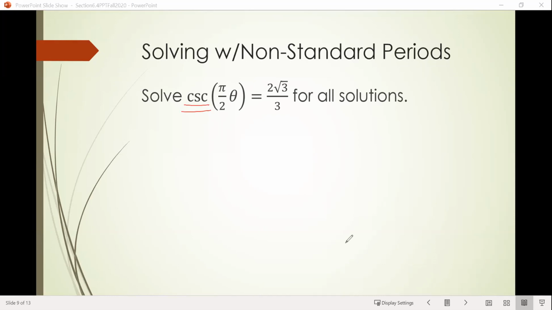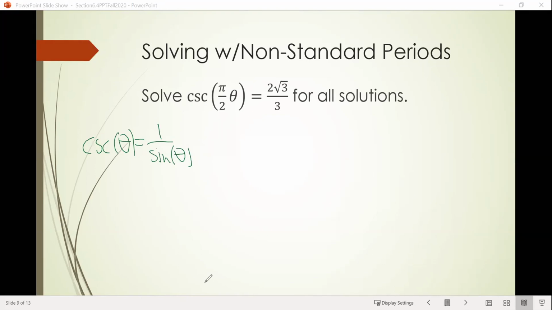Well, recall that cosecant of an angle is equal to 1 over sine of that angle, right? So we're going to use that somehow here. And also before we do that, we have that pi over 2 theta on the inside. As I've pointed out before, we have this technique called U substitution we can use there.